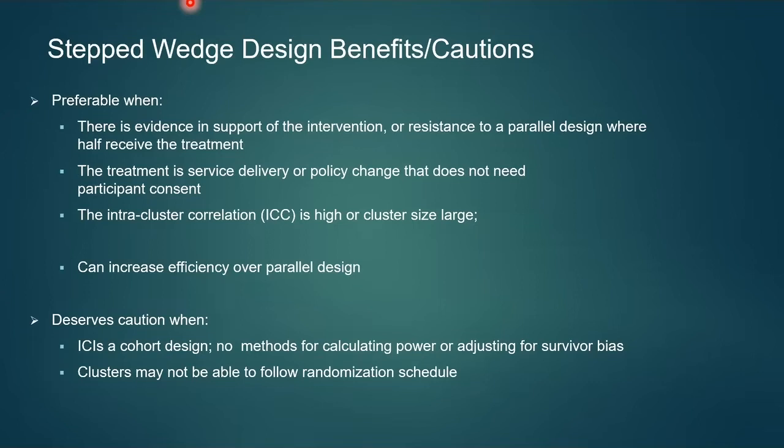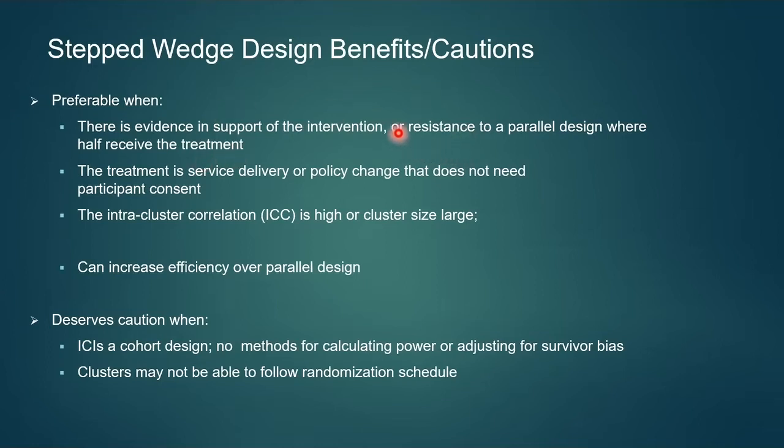In comparison, a parallel group randomized trial will randomize half the facilities to control, half the facilities to intervention, and follow them. And the control facilities will never get the intervention unless it's decided at the end that the intervention is beneficial and it's rolled out to all the facilities, both within the study as well as outside.